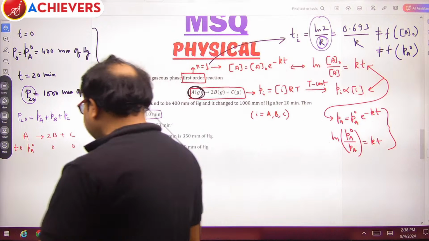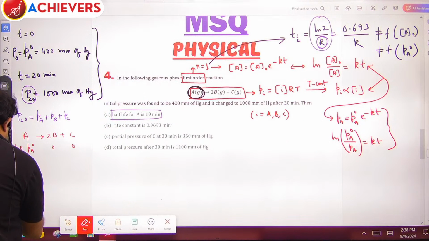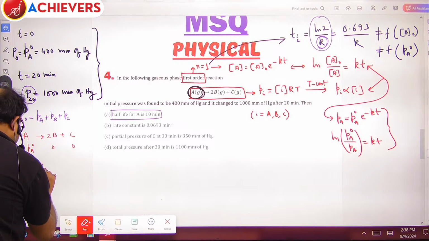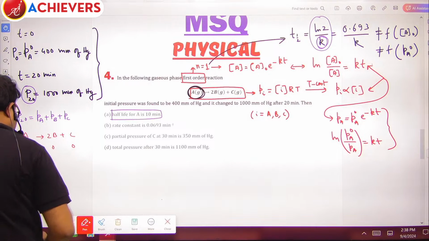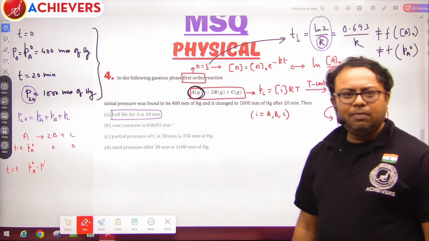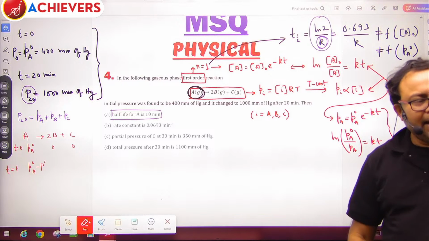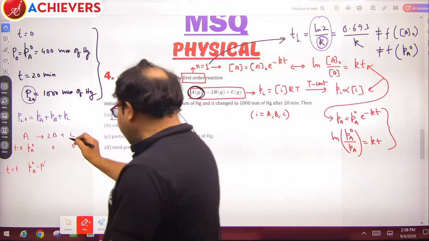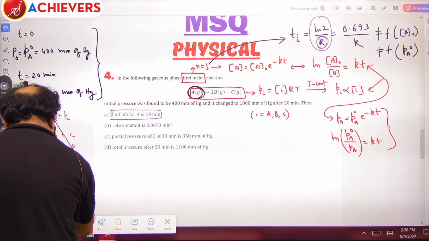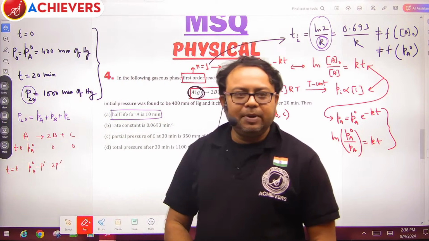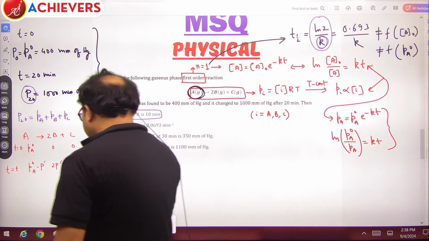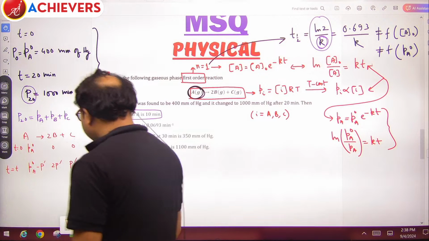After some general time t, this is PA naught minus P dash. So P dash amount of pressure decreases because A is consumed. According to the stoichiometry, 2P dash will be formed with respect to B and P dash will be formed with respect to C.